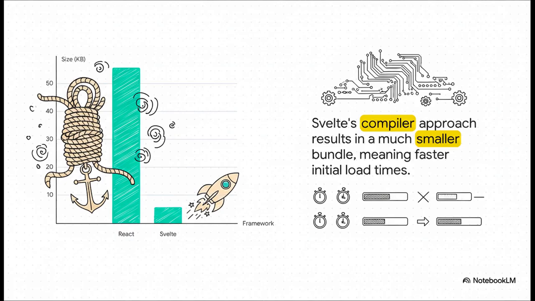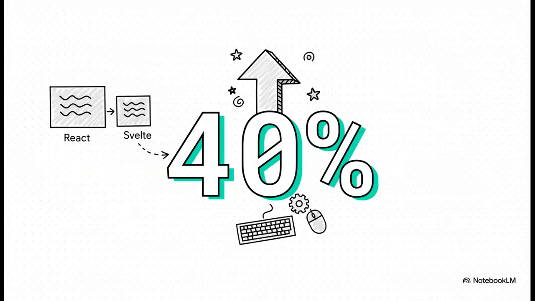I mean, that is a staggering difference that directly impacts how fast your site feels, especially if you're on a slower connection. And it's not just the framework that's smaller, it's the code you write too. Studies have shown that, on average, developers write about 40% less code in Svelte to build the exact same features. Just think about that. That's a huge boost in productivity.